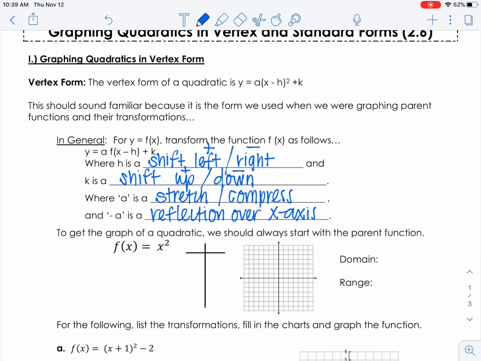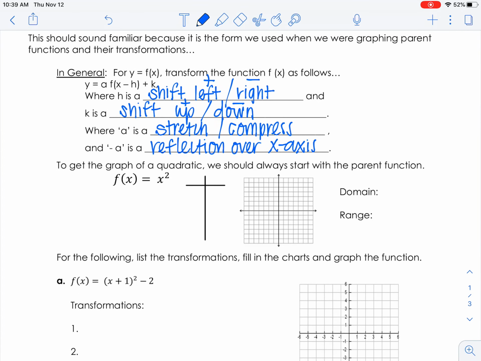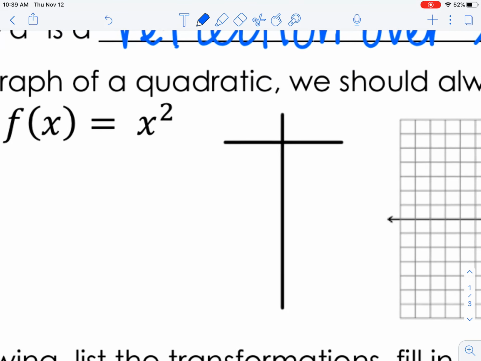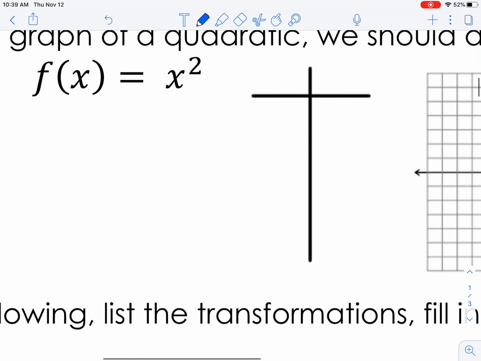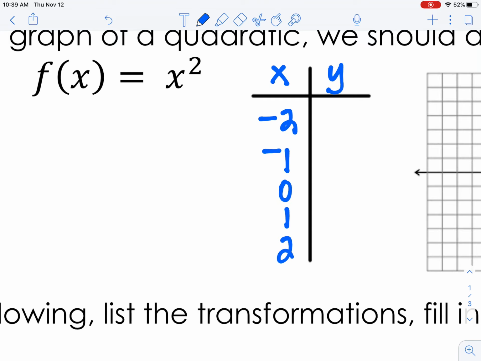Okay, now we have to start by reviewing those parent function points for every quadratic. So if we have f of x equals x squared, remember our starting x values are always -2, -1, 0, 1, and 2.